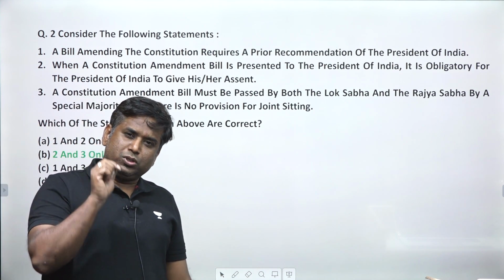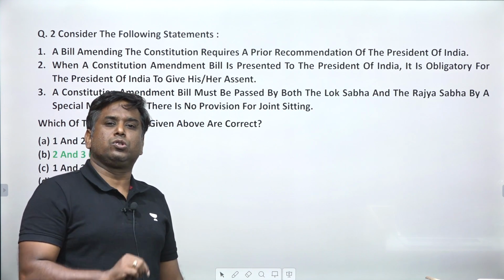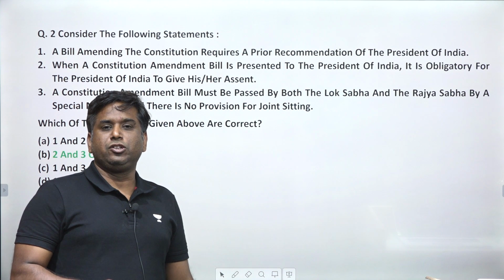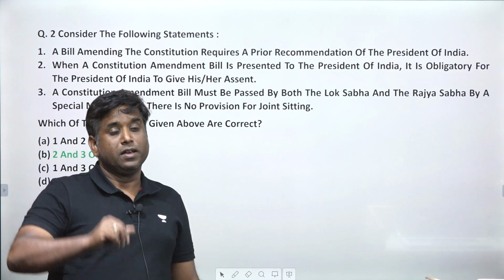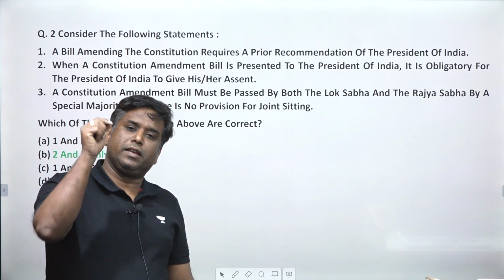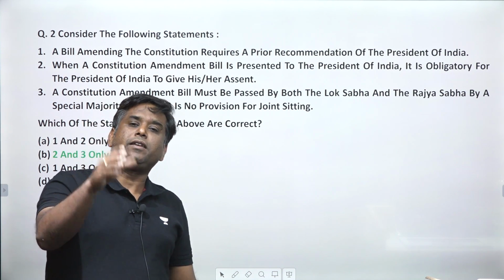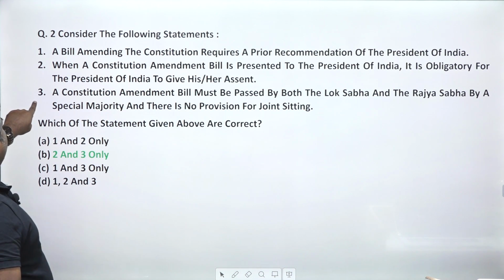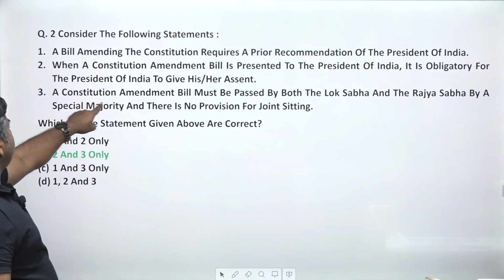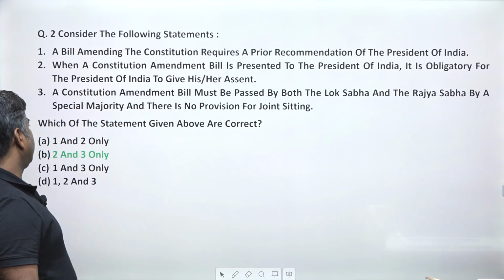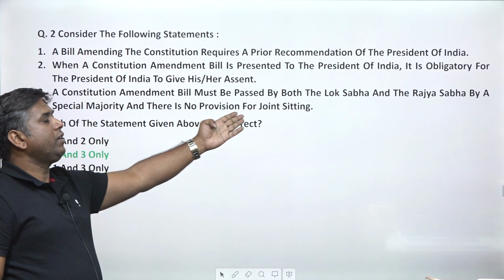Because for constitutional amendment in our constitution, a specific procedure has been mentioned, which is fixed basically. If the procedure has been followed, there is no chance or there is nothing like the President can stop it. So, even statement 2 is correct. Now, a constitution amendment bill must be passed by both the Lok Sabha and Rajya Sabha by a special majority and there is no provision for joint sitting.